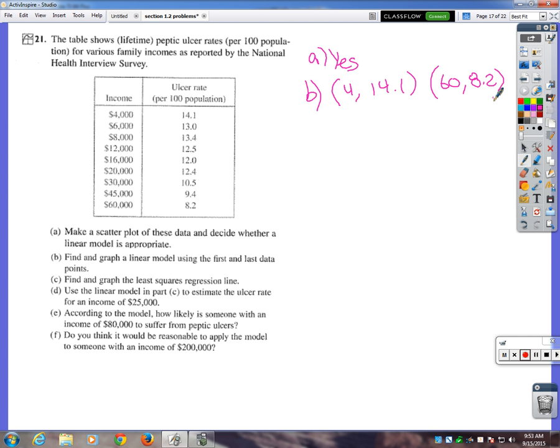So the slope here is 5.9 over negative 56. And what is that? Well, it's going to be close to 0.1, a little bit.